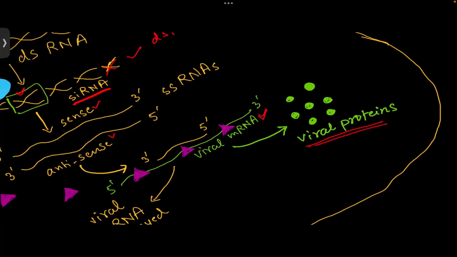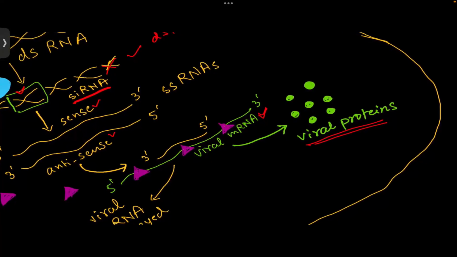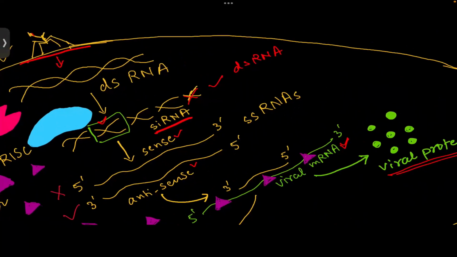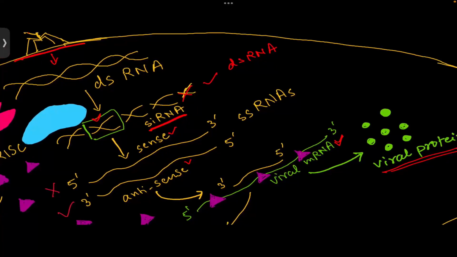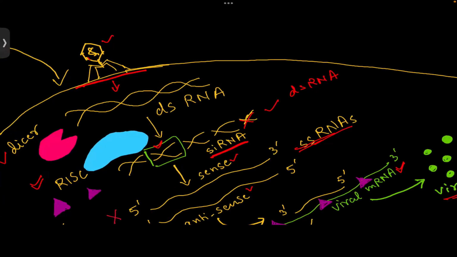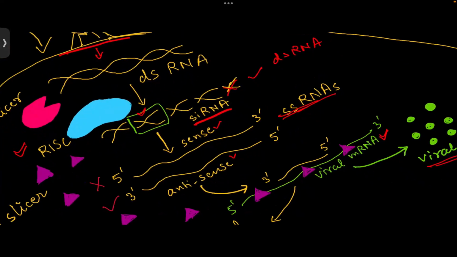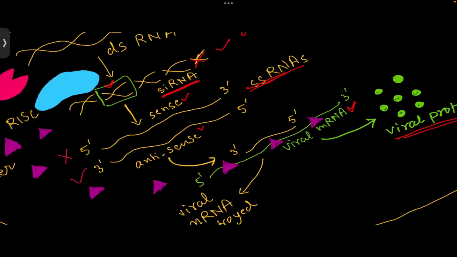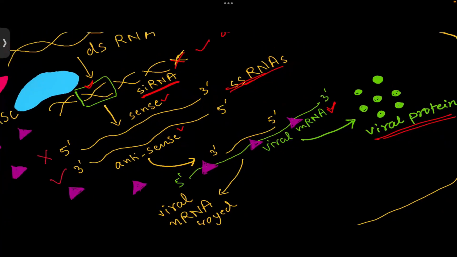Now, if something like this happens, because of which many viral mRNAs are floating around the cytoplasm of the human cell, then how can these viral mRNAs be stopped? So at this step, two single-stranded RNAs are there, right? That the RISC complex and the dicers have been able to make. So what will this complex do now?